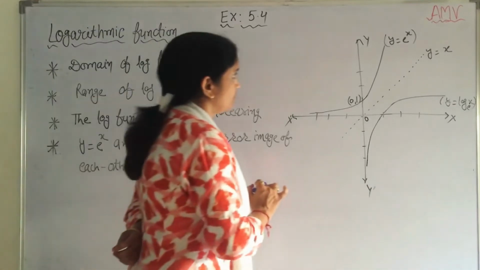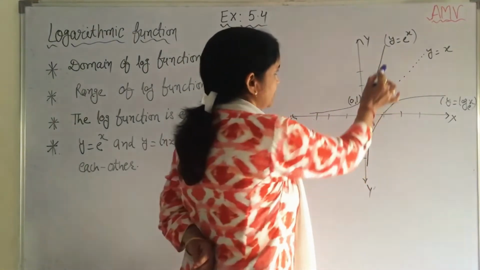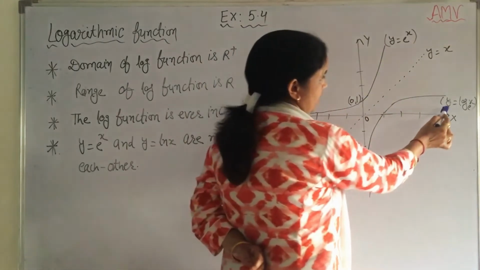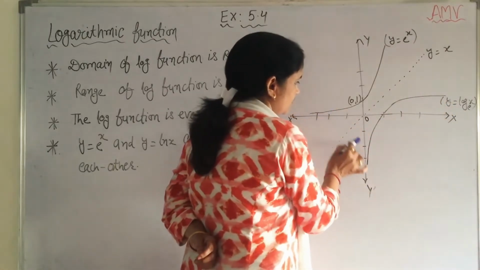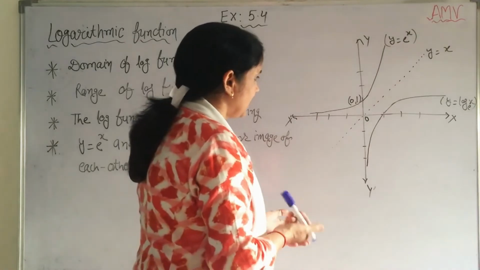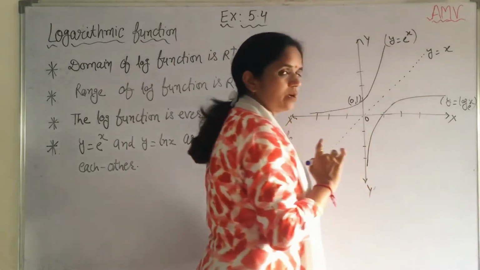If we plot the graph of y is equal to e raised to x, it is like this, and the graph of y is equal to log x is this graph. Both are mirror images of each other, reflected about the line y is equal to x.